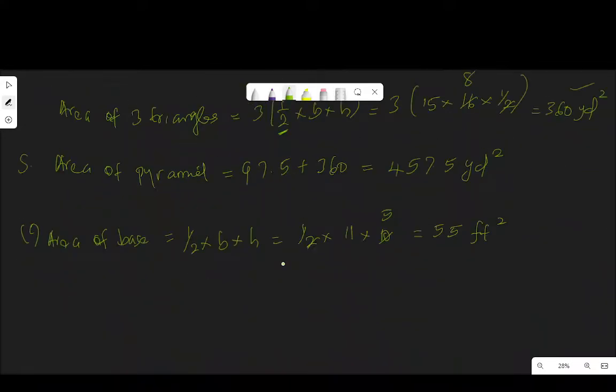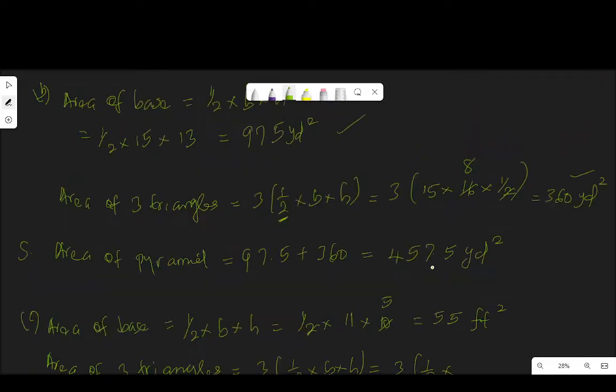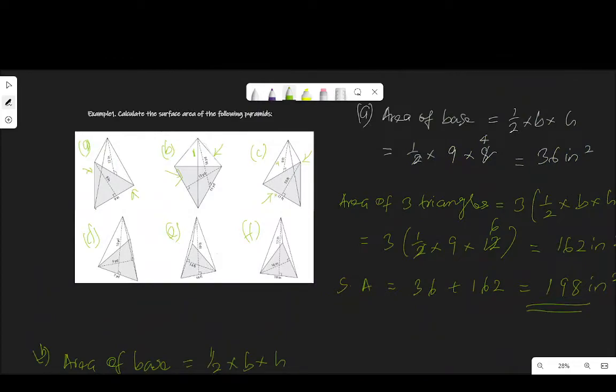So the area of the three triangles will be 3 multiplied by half times base times height, which is 3 multiplied by half times the base. What is their base? 11 feet, and their height is 9 feet.